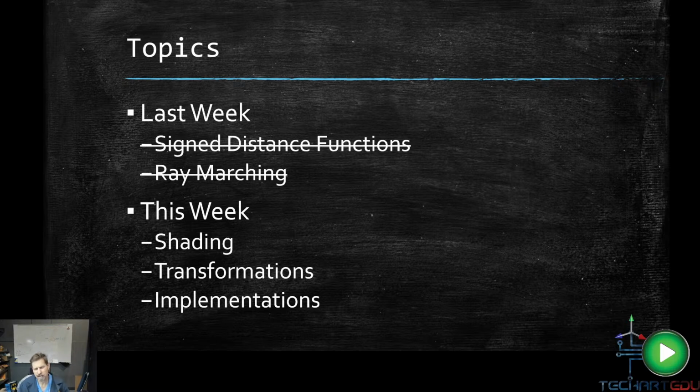And the last section we're going to be talking about is the implementations. Now, during the implementation portion, when I was putting this together, I realized that I have never broadcasted on how to actually program in HLSL. HLSL and GLSL are the easiest ways of programming ray marching, but it is not absolutely necessary.